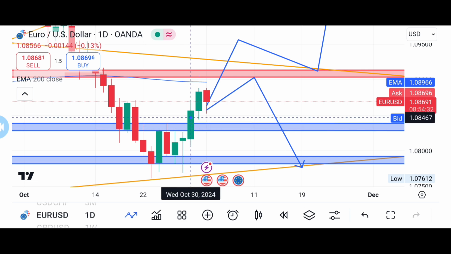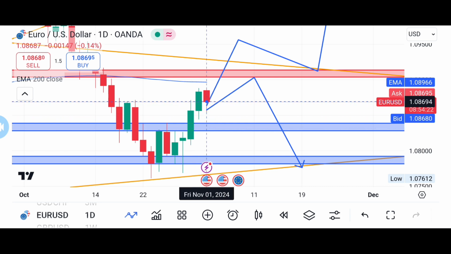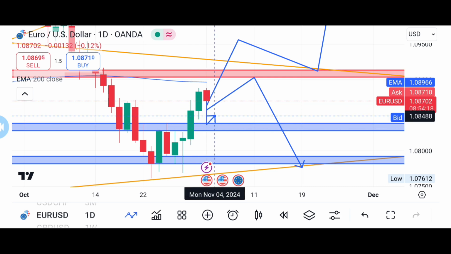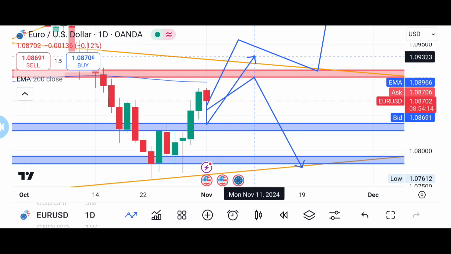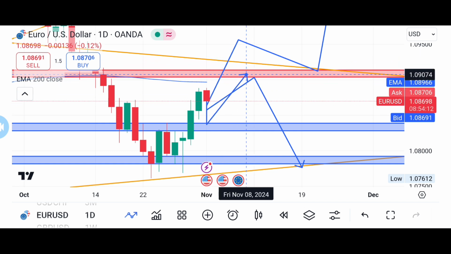That's what I'm calling a fair value gap. And the fair value gap acts like a magnet. When it comes to forex, it acts like a magnet. It will pull this market down like that before we can see a strong movement up. Are we together?